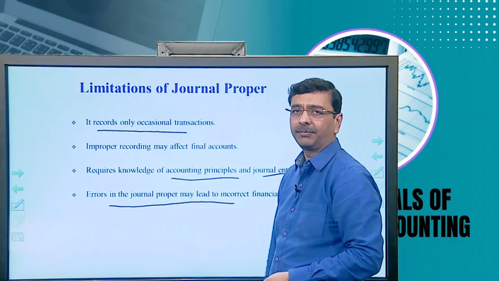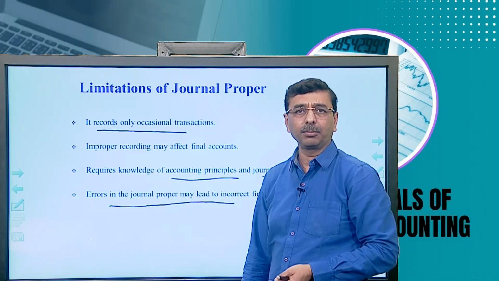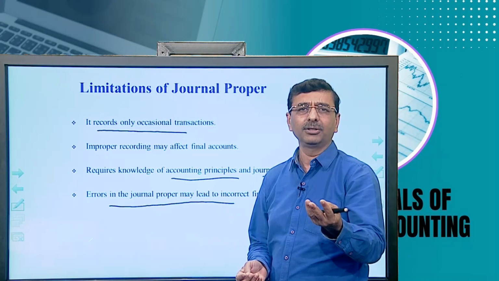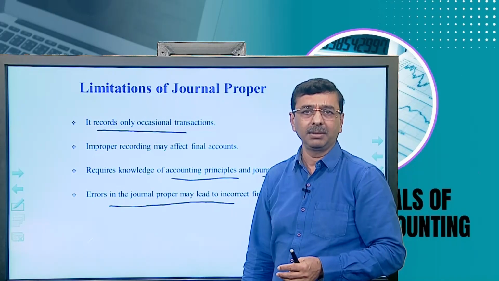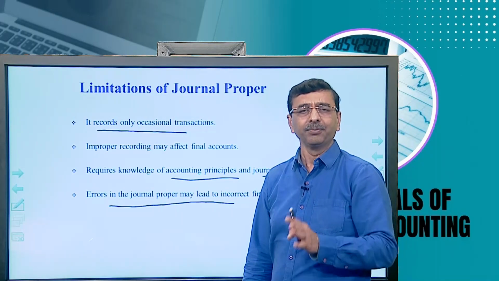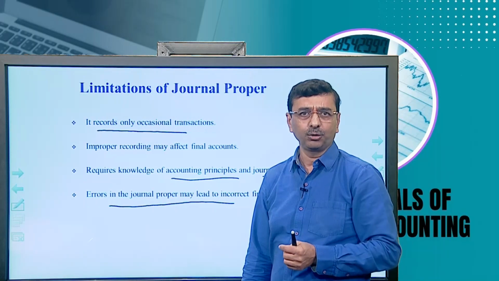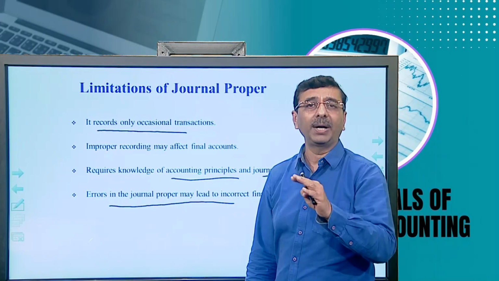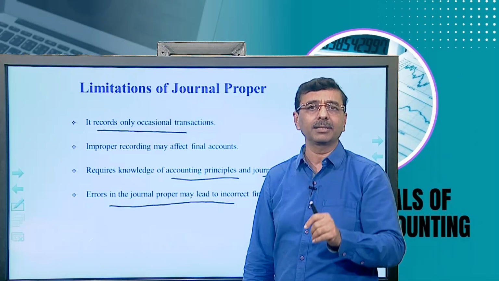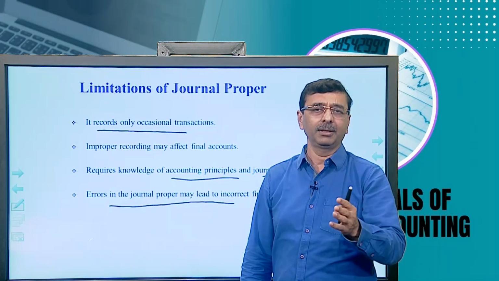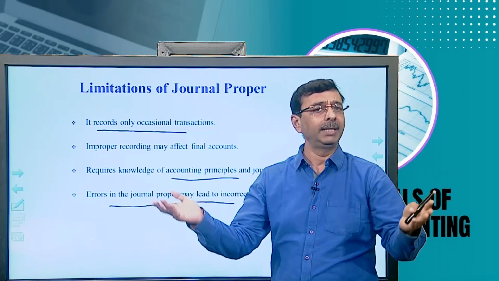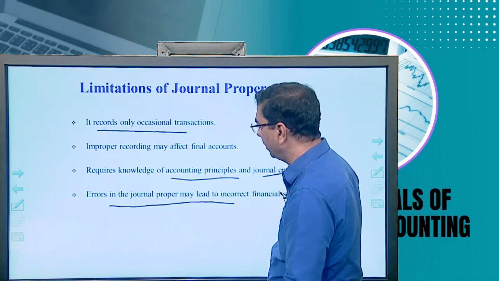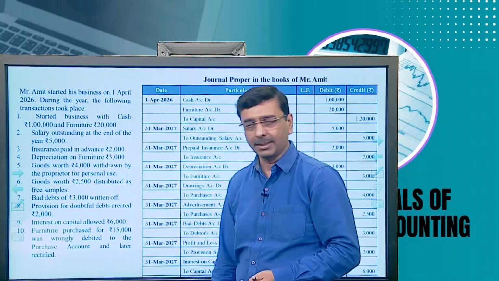Any entries recorded wrongly in the general proper mean the financial statement may not be prepared properly, or that creates errors with certain transactions. So we need to identify where the errors take place. It is also very difficult when you are recording multiple books, right? So this is also a limitation.